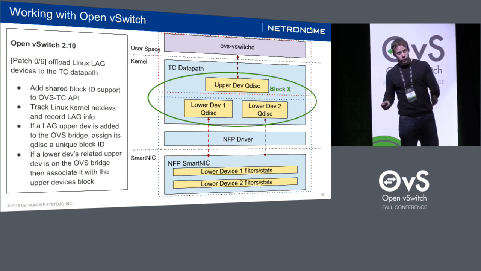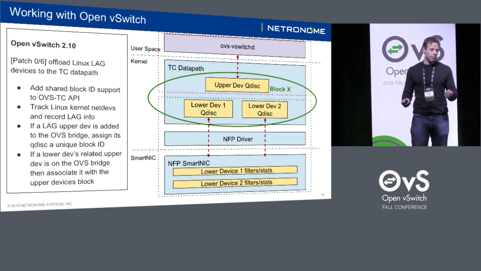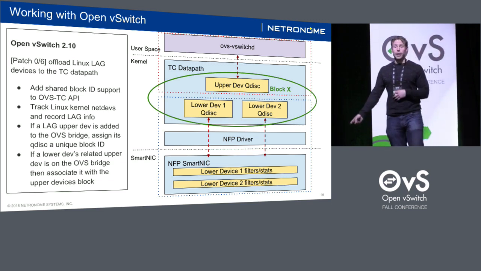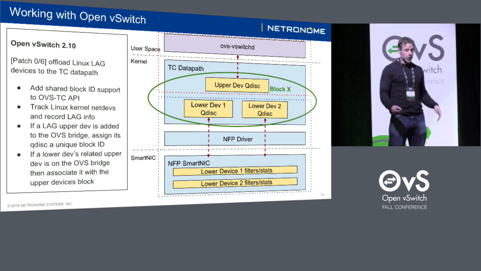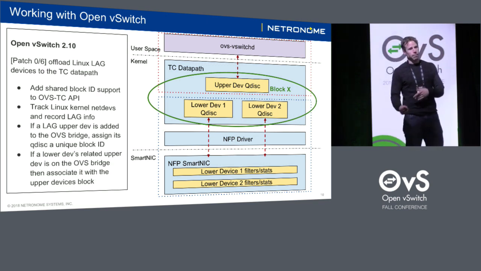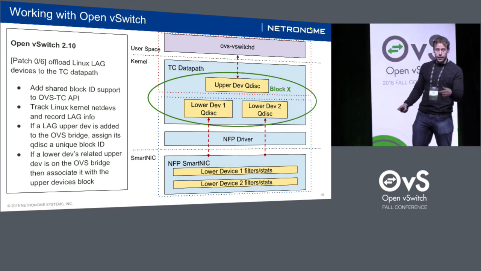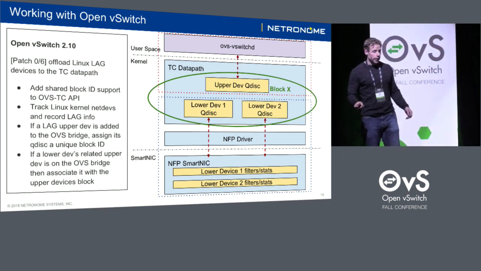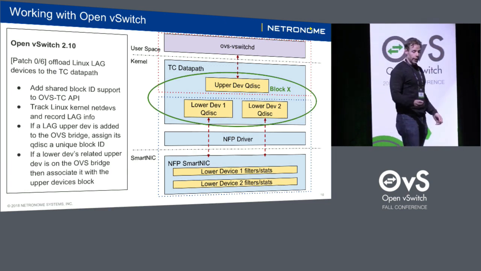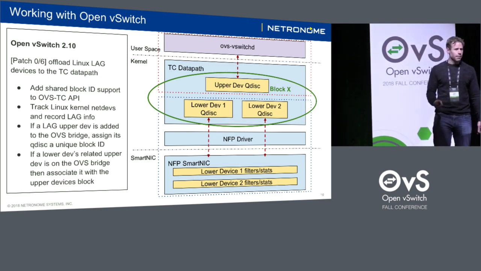And anytime it receives a filter, say, passed here, it will package it up and write it to the SmartNIC. Similarly, it will extract some of the stats from anything that matches on our SmartNIC and update these lower level devices. And the thing that ties it all together is this green circle with a block ID.